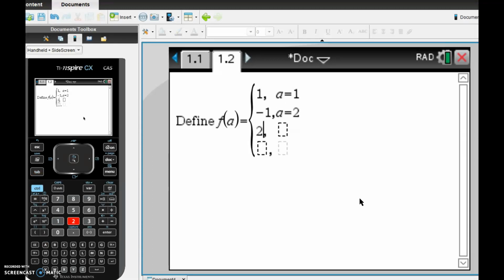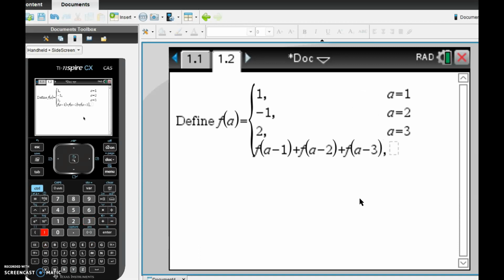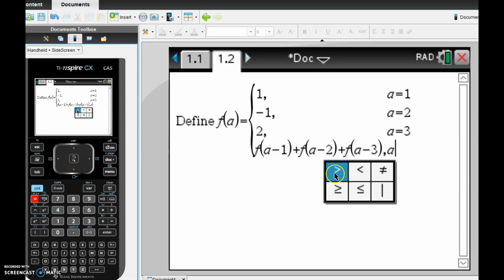The next one is 2 when a equals 3. And then the last one, we're going to do the f of a minus 1 plus f of a minus 2 plus f of a minus 3. And that is when a is greater than 3.